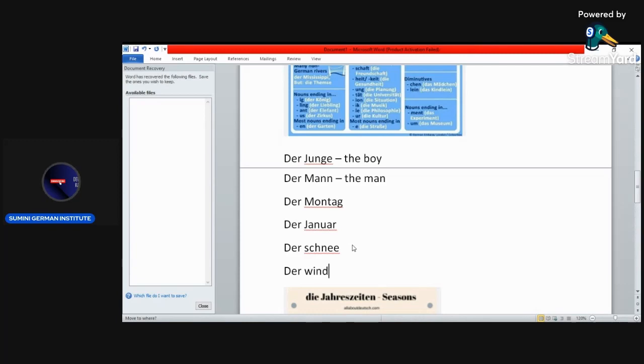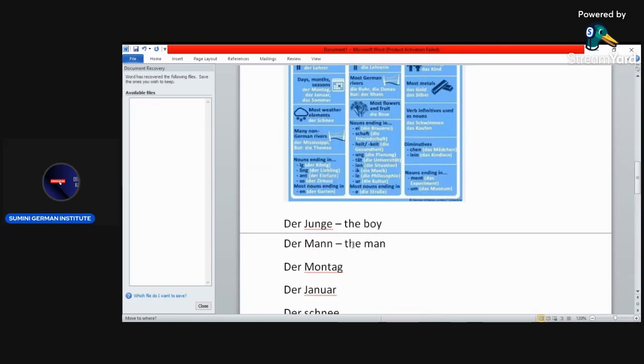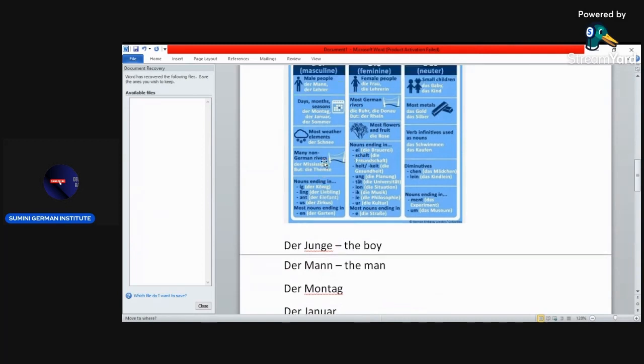Okay, der Wind. Another one, many non-German rivers. A river that is not found in Germany, for example, the Mississippi, uses der. Also these endings.